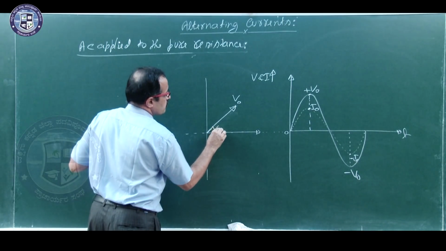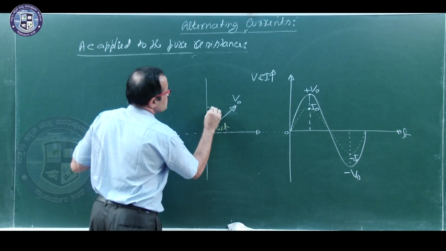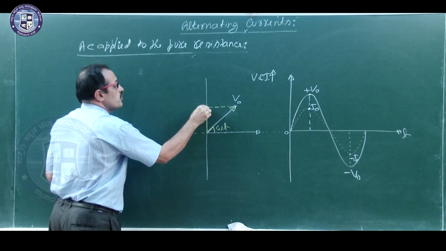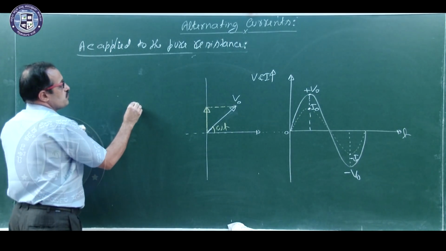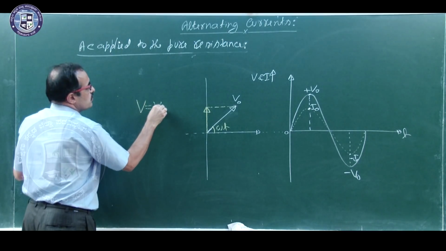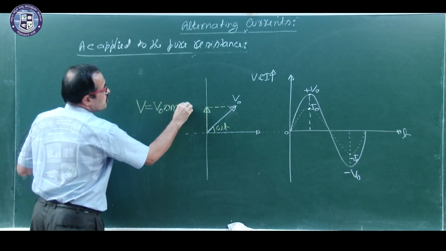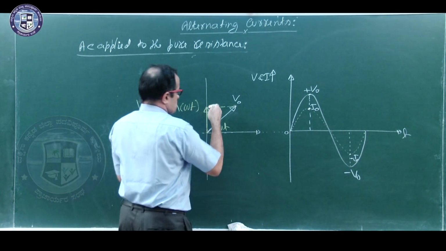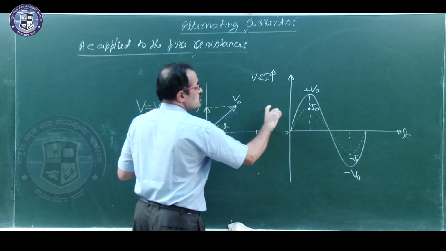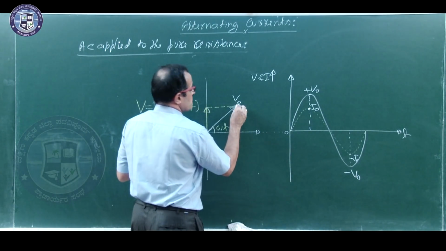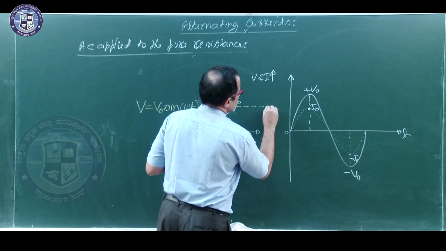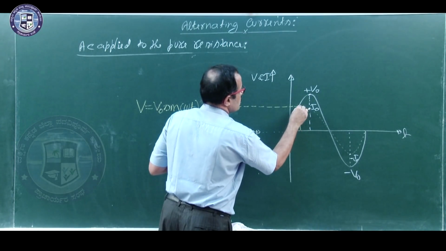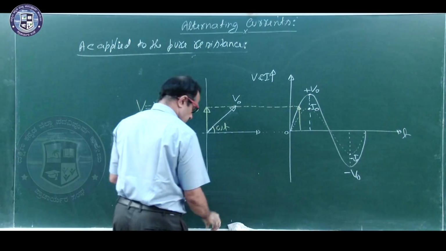Then this is omega t. We find out value of y component. That value of y component is V is equal to V naught sin omega t, instantaneous value, and take this instantaneous value to this graphical representation. So, draw horizontal line, and then this is V, instantaneous value.